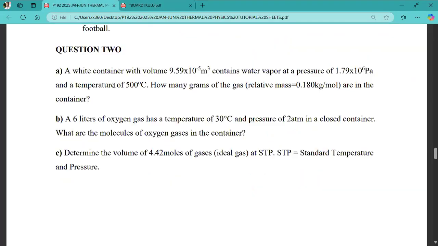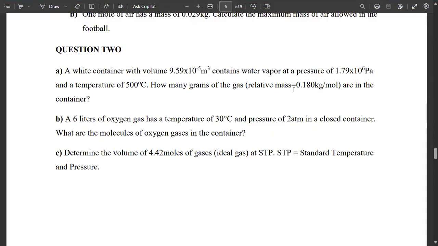I guess they gave this number. Okay, they gave us the relative mass as 0.180 kgs per mole in the container. 0.180 kgs per mole.